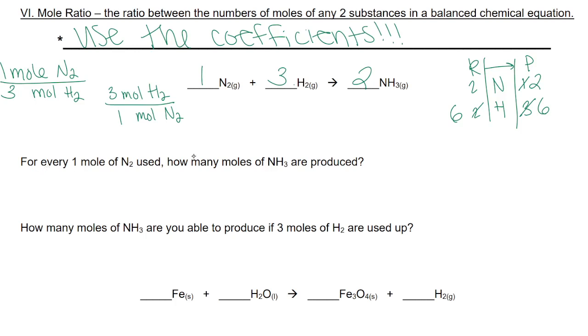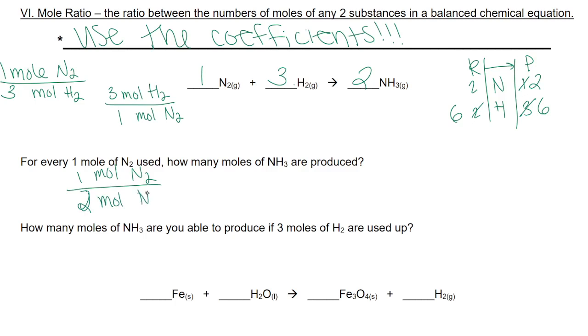I gave you a couple of questions down here. For every 1 mole of N2 used, how many moles of NH3 are produced? So for every 1 mole of nitrogen gas, we were able to produce how many moles of NH3? 2. So there is no math in this part.